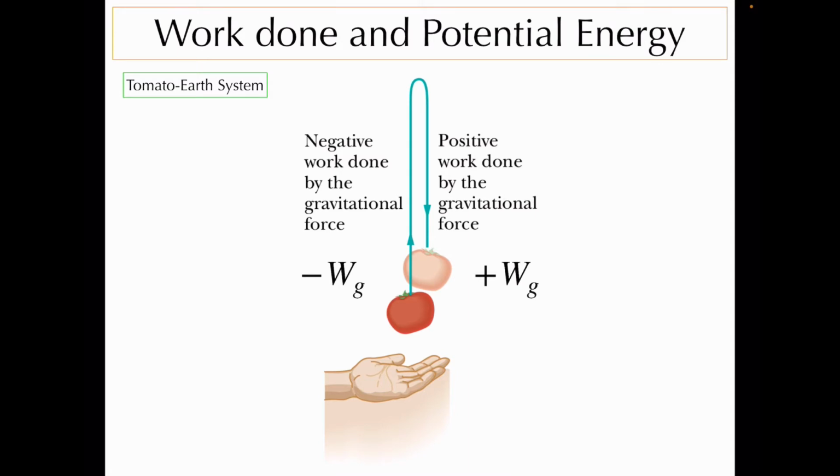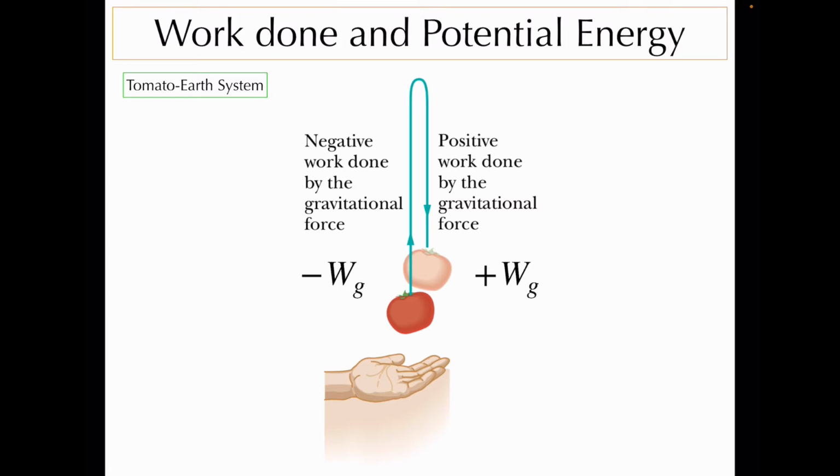Okay, now you know the definition of potential energy, you have the concept of negative work done, and you also understand the system of masses. Here we are considering an isolated system, which means we are ignoring every outside influence on this system. The isolated system is the tomato-earth system, which means in this system we ignore everything other than a tomato and Earth.